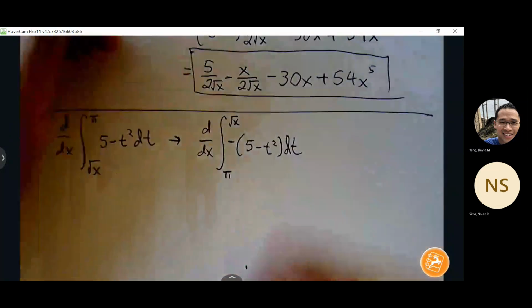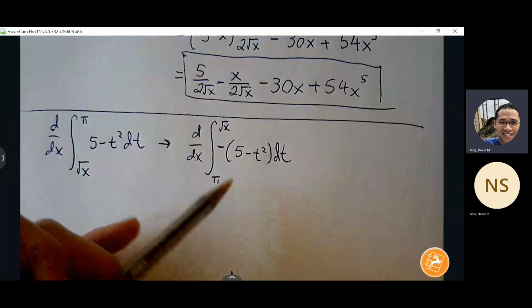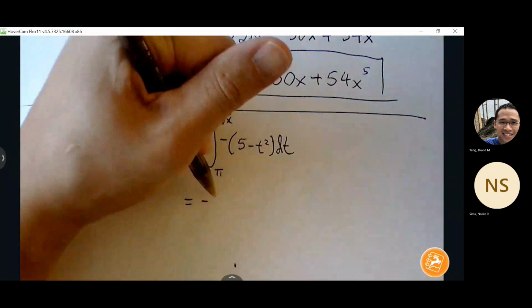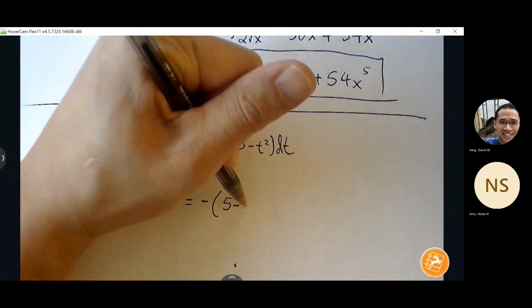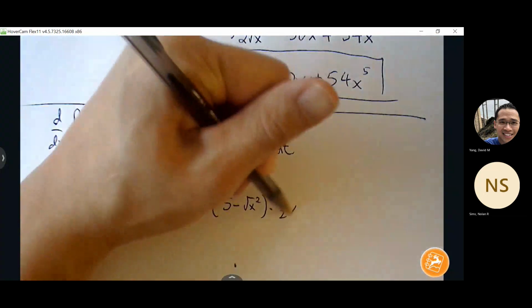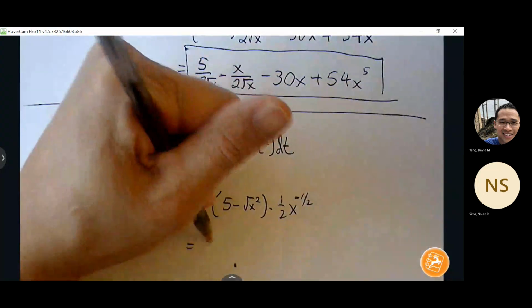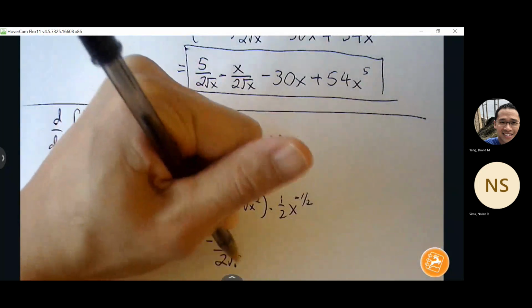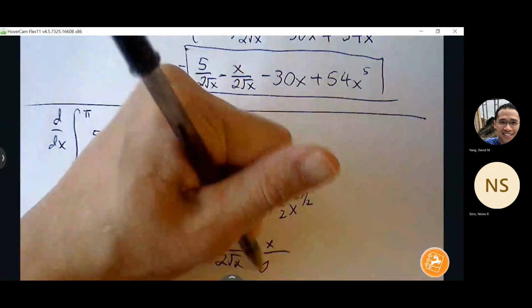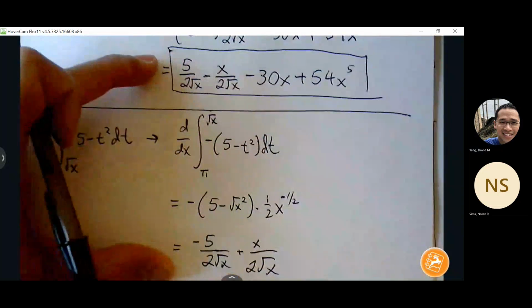Okay. Now we can just worry about the upper bound, f of p of x times p prime, and not worry about the lower bound. Lower bound is a constant. So it looks very similar to what I had to begin with.